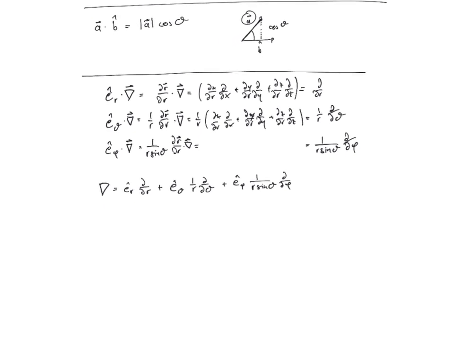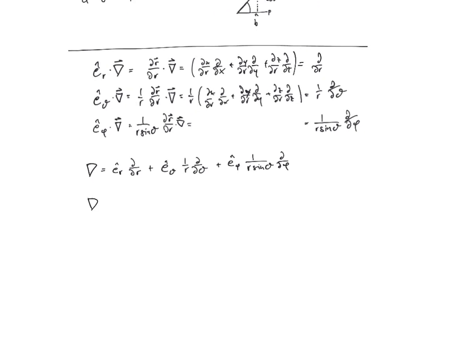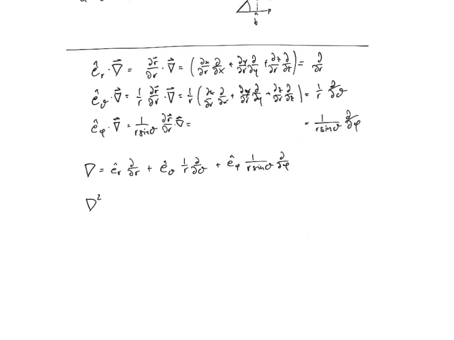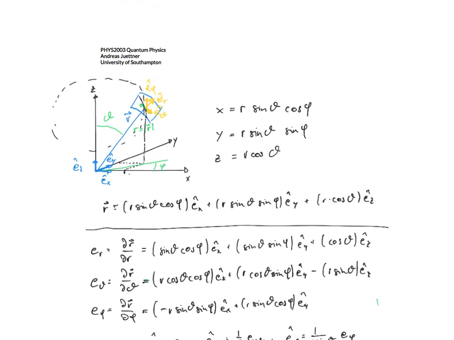So it seems at first that we are almost there. We can just write the Laplace operator, which is the square of nabla, by multiplying out this dot product with itself. The slight issue is that if we go back to our sketch at the top, while for Cartesian coordinates the unit vectors were always in the same direction, the x, y, and z axes do not change, it turns out that the coordinate system in spherical coordinates depends on where you are.